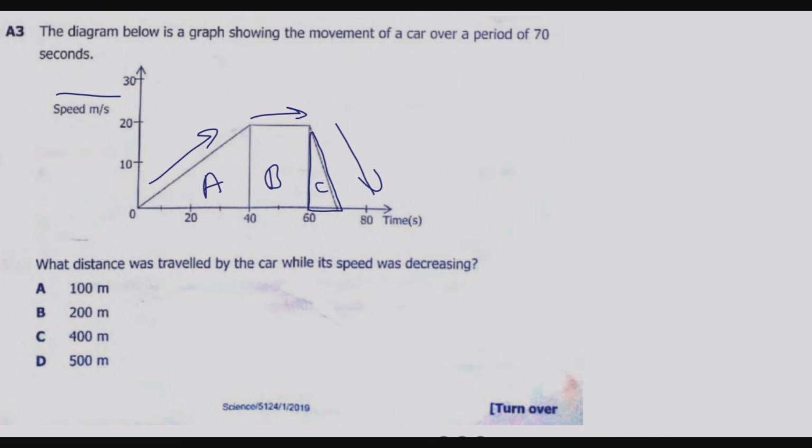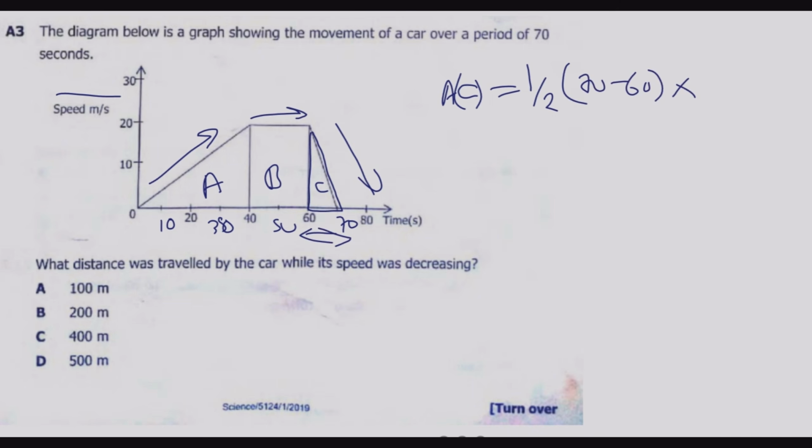So we know that this is 20. If this is 20, then this should be 10, then this should be 30, then this should be 50, then this should be 70. To find the area under triangle C, remember the area of a triangle is half, then we multiply by the difference in time, which is 70 minus 60, then multiply by the height from 0 to 20, which is 20 minus 0 is 20.